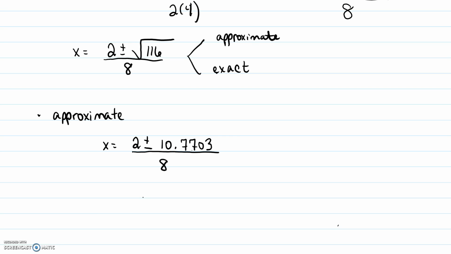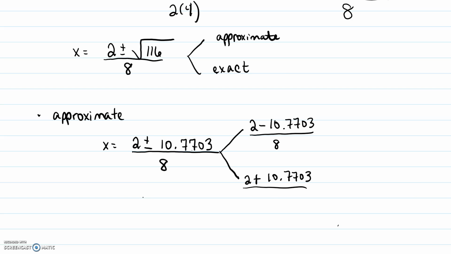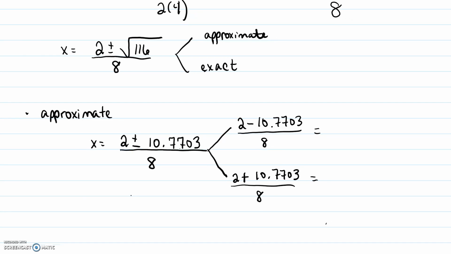Okay, now we're going to split this up into two answers. The first one is going to be 2 minus 10.7703 divided by 8. The second one is going to be 2 plus 10.7703 divided by 8.